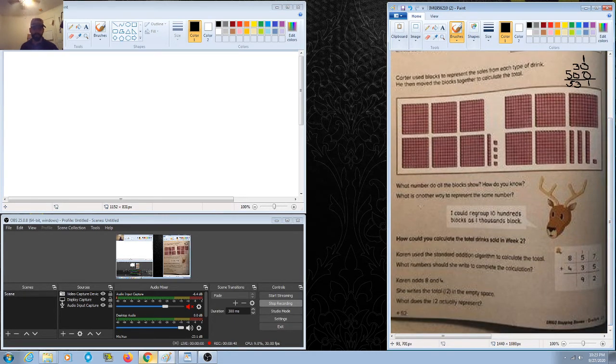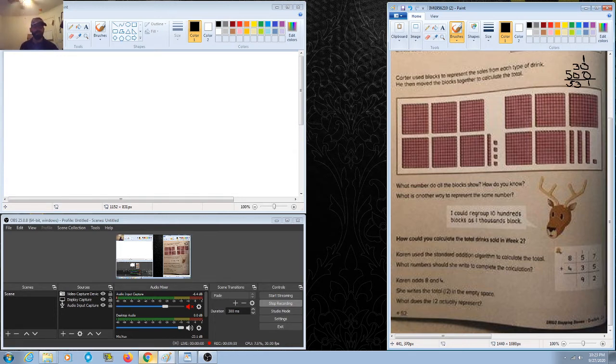So what number do the blocks show? How do you know? The truth of the fact is that each of these individual blocks represents 1. If we have one single little cube by itself in the ones place, we have 1.